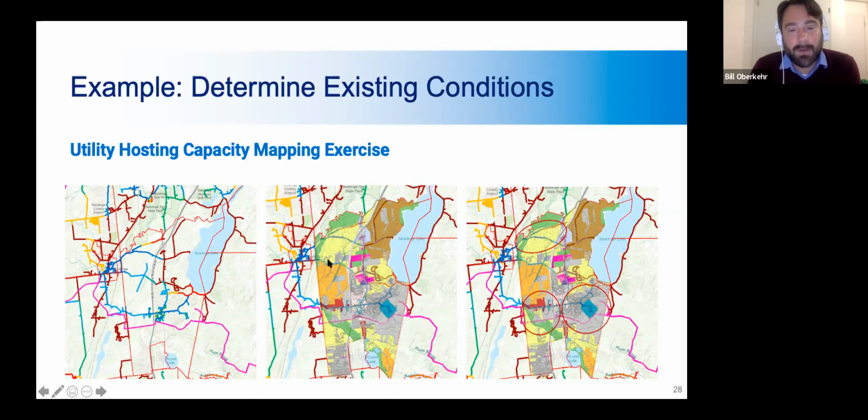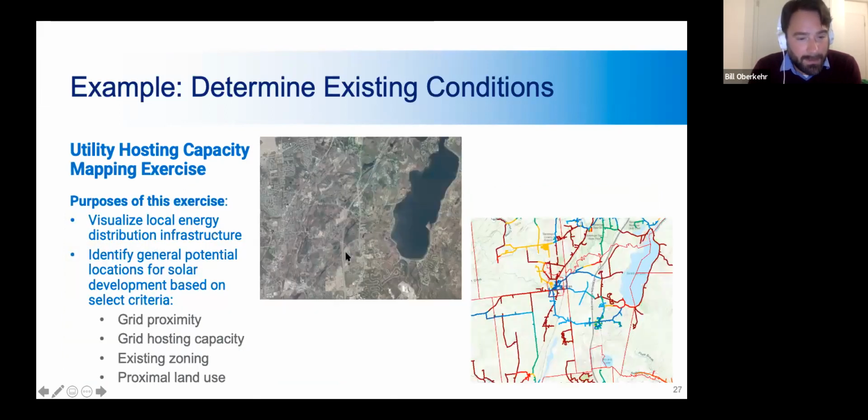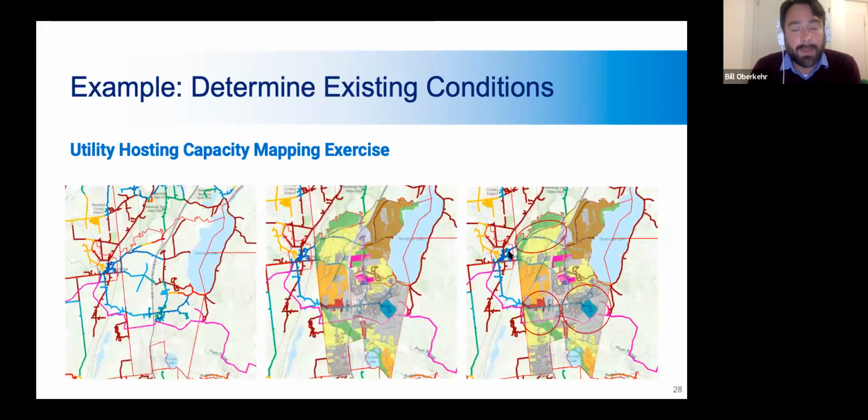And then we're going to overlay that with our existing zoning. So this is a zoning map on top of the hosting capacity map. So we can see which zones are near which circuits.